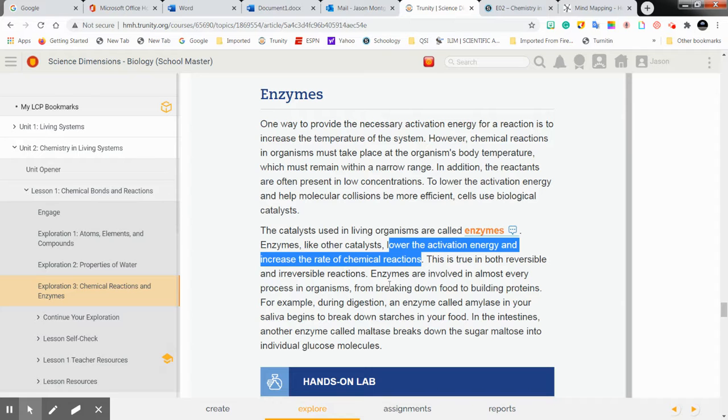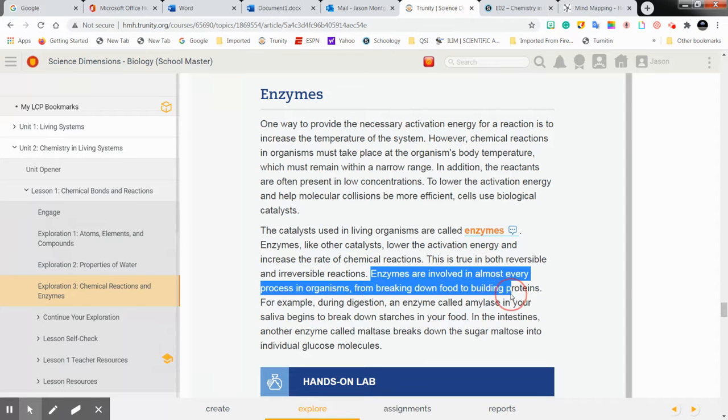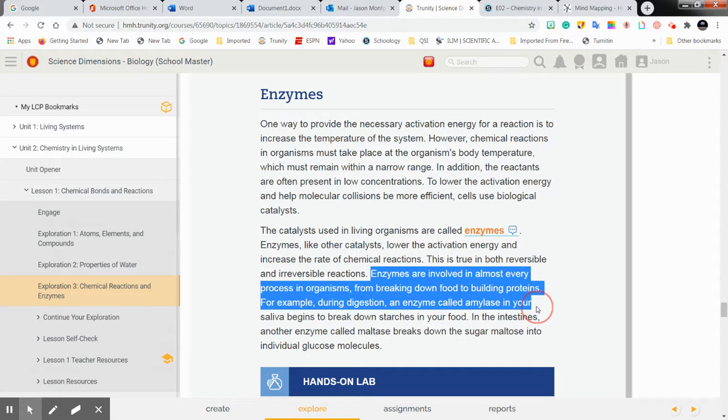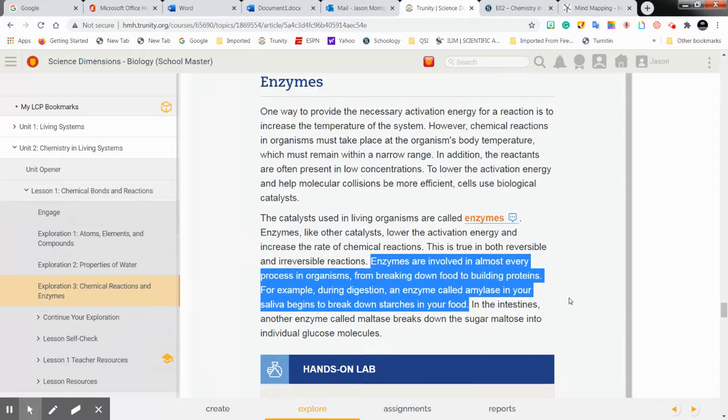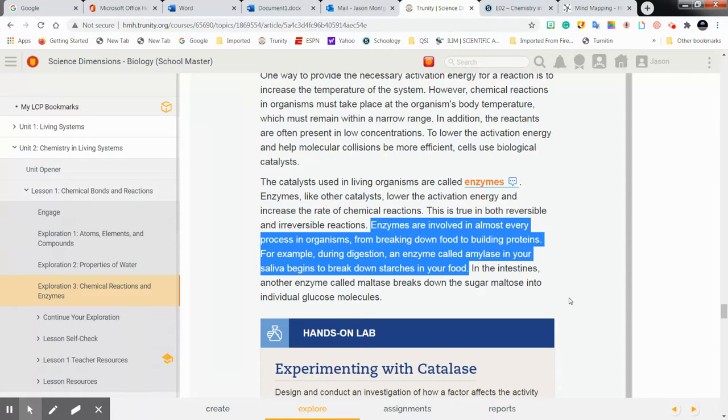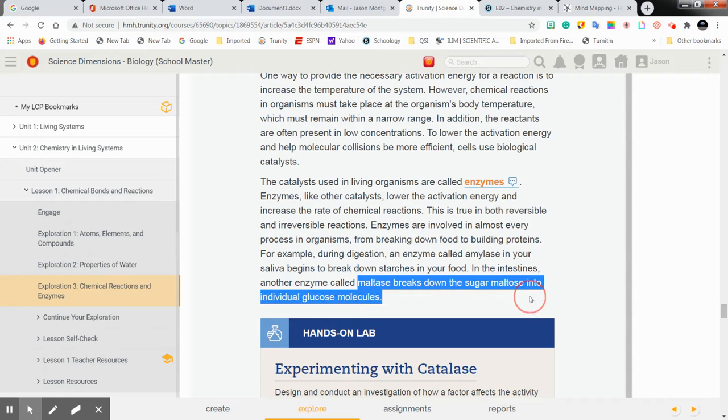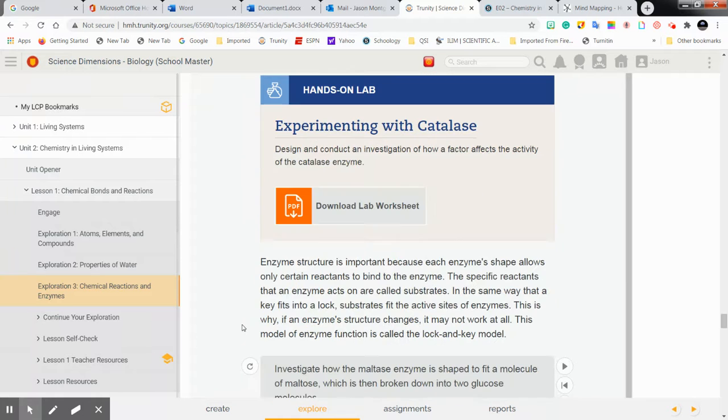So enzymes are involved in almost every process, from breaking down food to building proteins. For example, in digestion, an enzyme called amylase is in your saliva that breaks down starches in food. So that's the enzyme that's in your saliva. In the intestines, other enzymes called maltase break down sugars like maltose into glucose molecules.